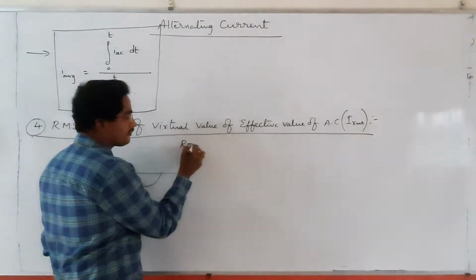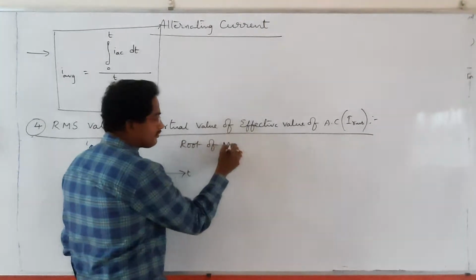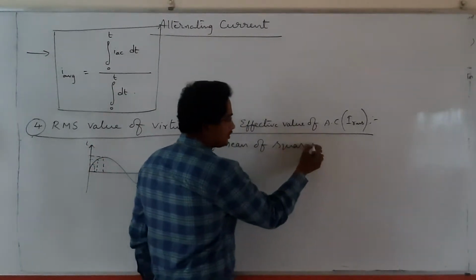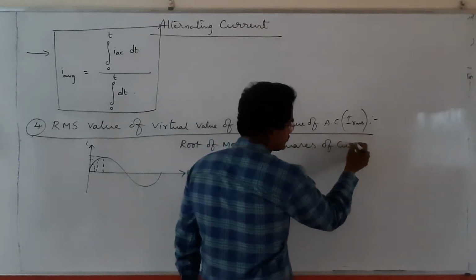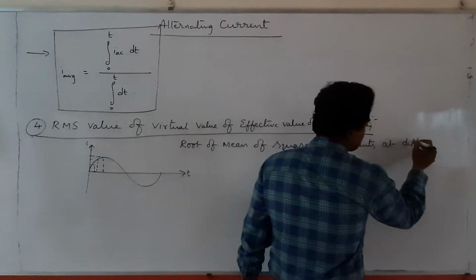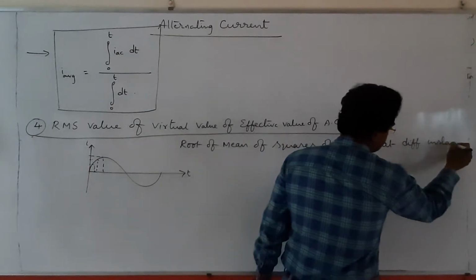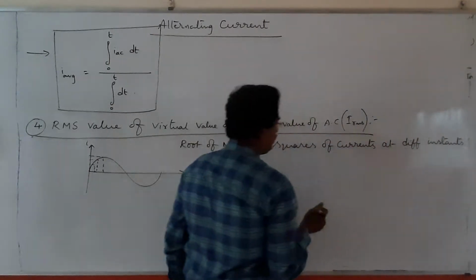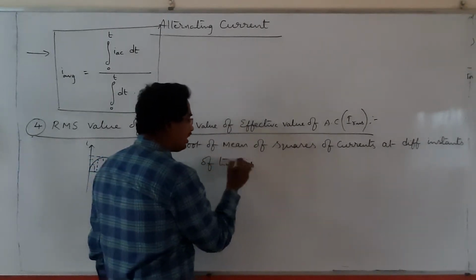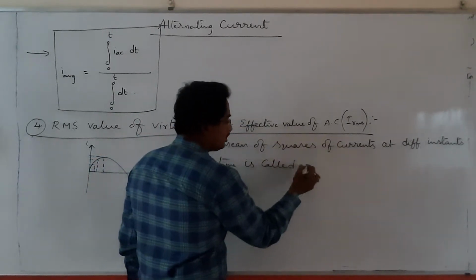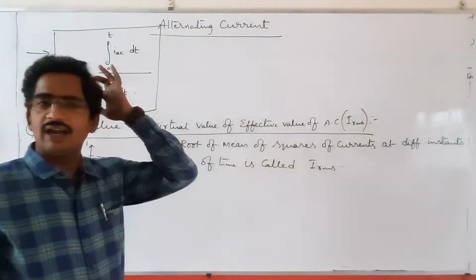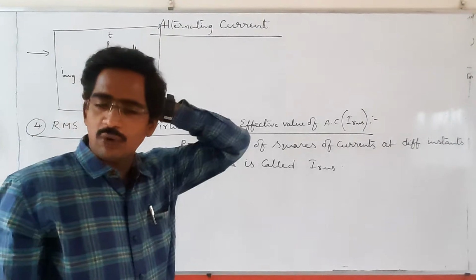Root of the mean of the squares of the currents at different instances of time is called the IRMS or RMS value of current, the virtual current.